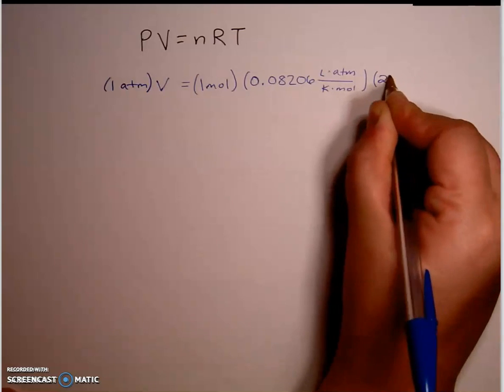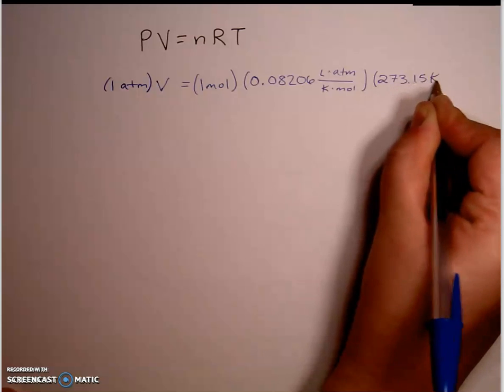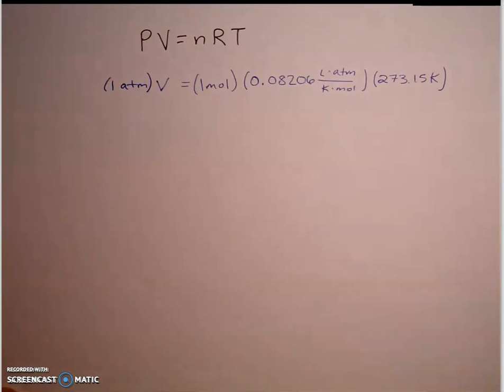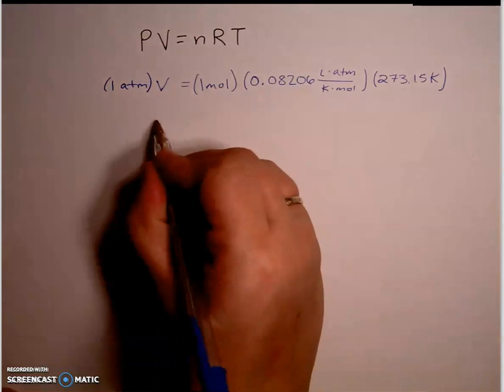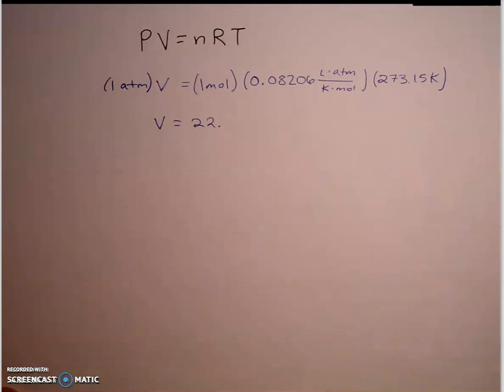And then we put in temperature in Kelvin. So we divide both sides by 1 atmosphere. We get 22.4 liters.